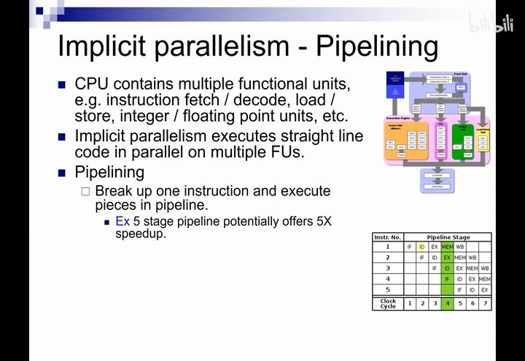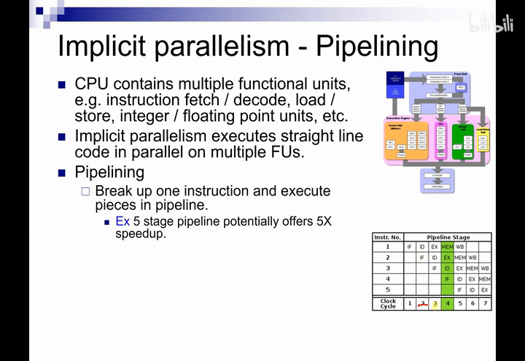Now on the second time step, you need to decode the first instruction. This is going to use a different unit on the processor, the decode unit. Since we're now using the decode unit, the instruction fetch unit is now free, so we can use it to fetch the second instruction. Therefore, at the second time step, we're actually doing 2 things at the same time. We're decoding instruction 1 and fetching instruction 2.